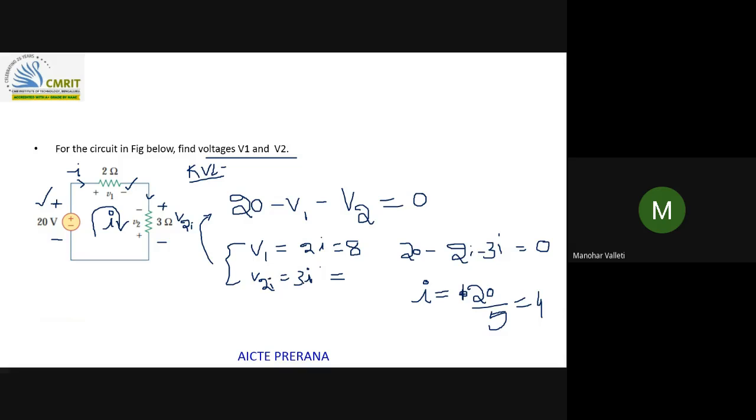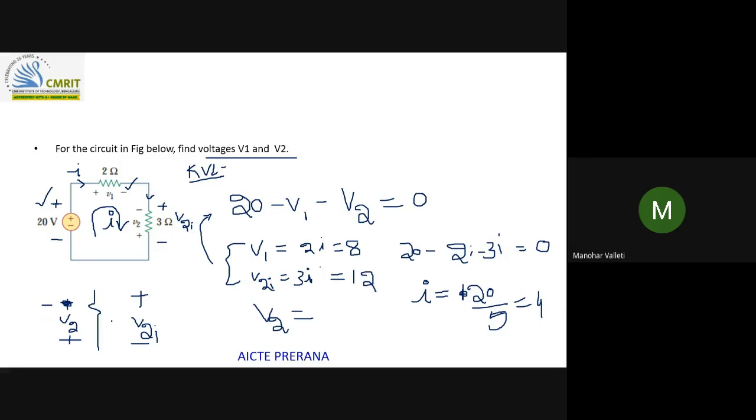V2I will be 12, whereas V2, if you see here, this is V2 and this is V2I.